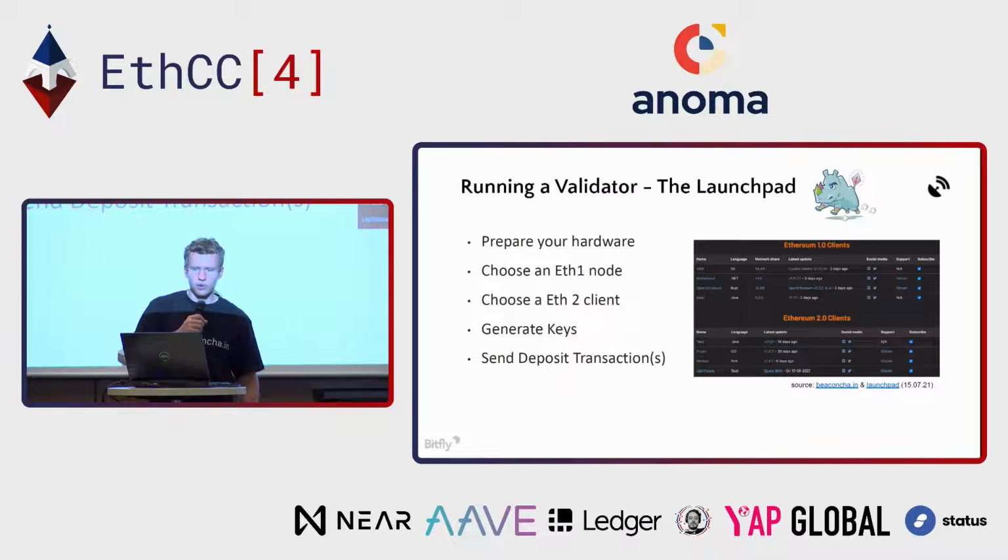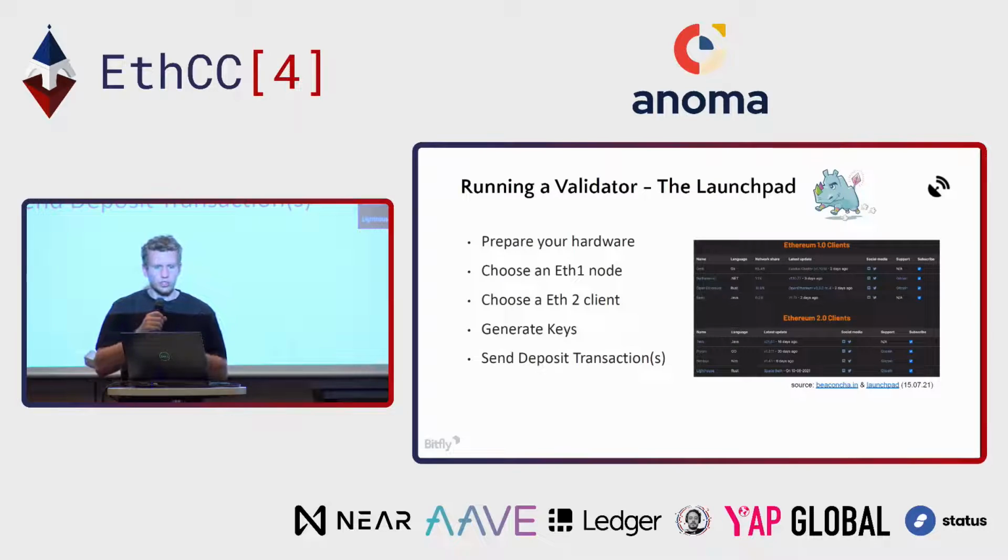Then next, if you want to stake, you would have to go to the launchpad, which is made really nicely by Ethereum.org. And there you would have to choose how you want to stake and what hardware you want to use to run it. You have a guide on which Ethereum 1 node you would like to use.